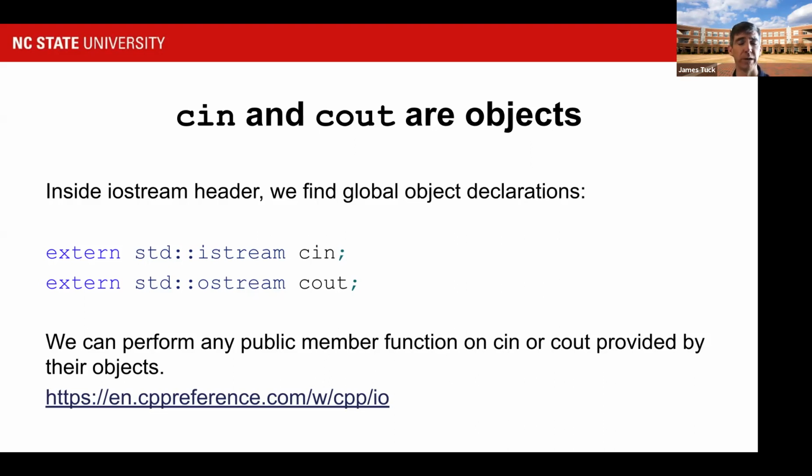Like you might remember with printf, you could say, print an integer, but make sure the field that you print is this wide. Or print a string, but make sure it's justified to the left or to the right. Well, you can do the same thing with cout.